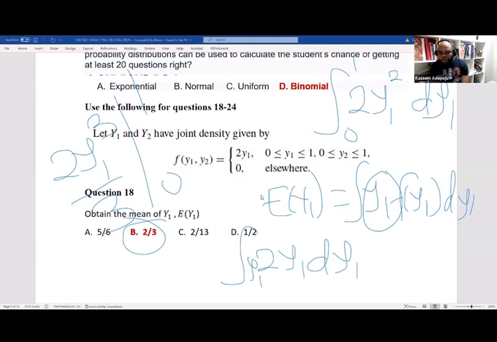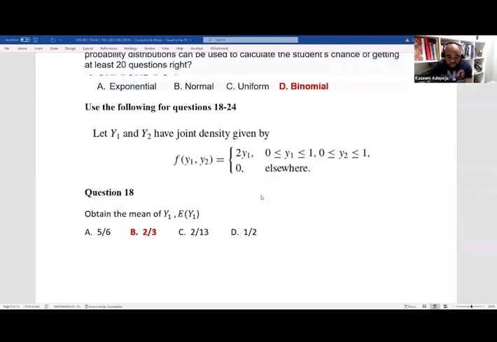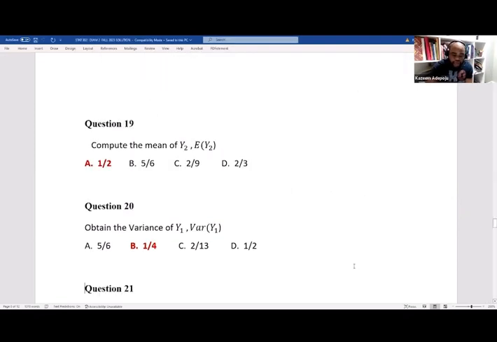Is there anyone who wants to ask a question about how to figure this out? Is there any question? Okay, so if you want to get the expected value of y2, you also need f of y2.